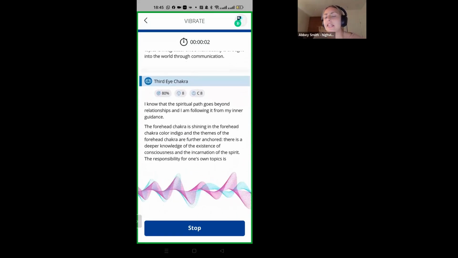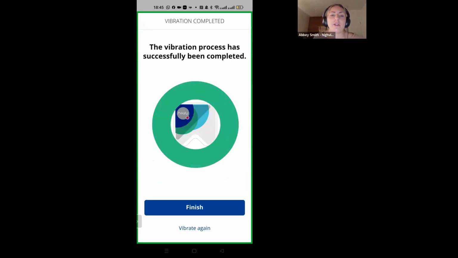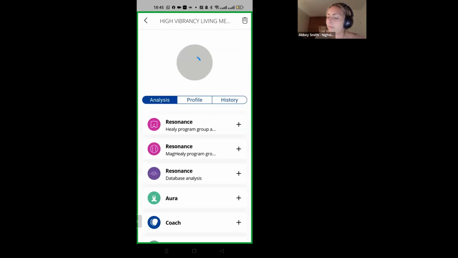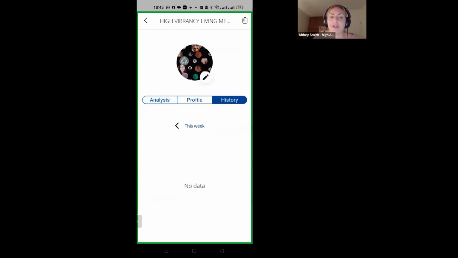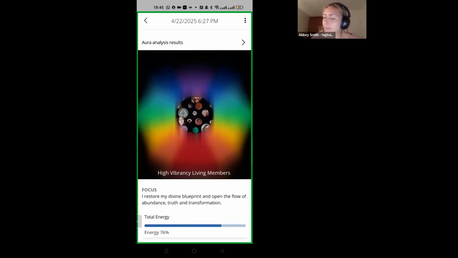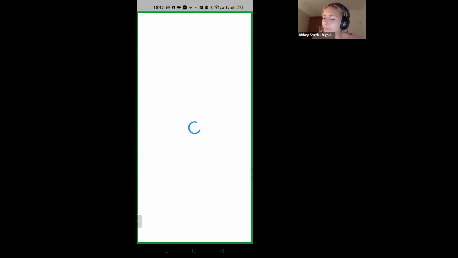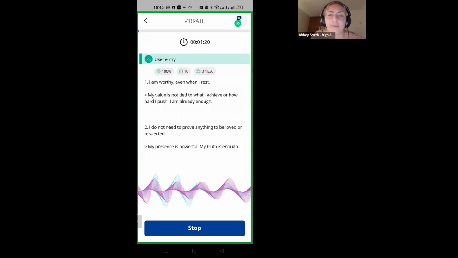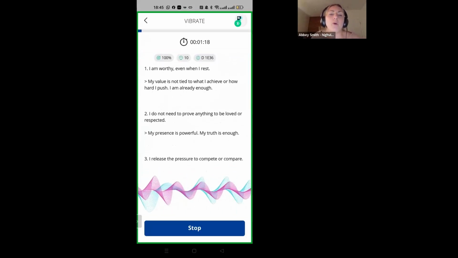We're now going to seal and integrate this energy grid activation. So place your hands over your heart. Visualize the grid gently dissolving into your aura. Not disappearing, but becoming one with you.